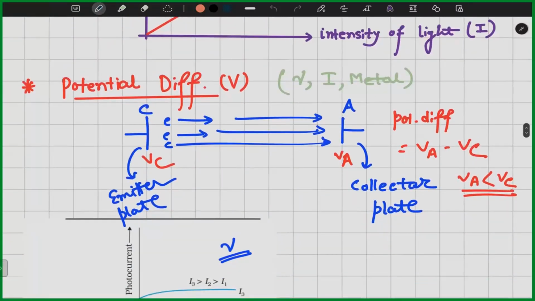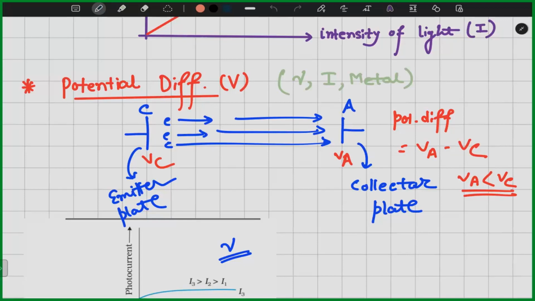The second observation was when we are varying our potential difference V. V is the potential difference applied between the two metal plates A and C: the potential of A, VA, minus VC, is V. If V is positive, that means the potential of plate A is greater than the potential of plate C. This potential difference controls the flow of the electrons.